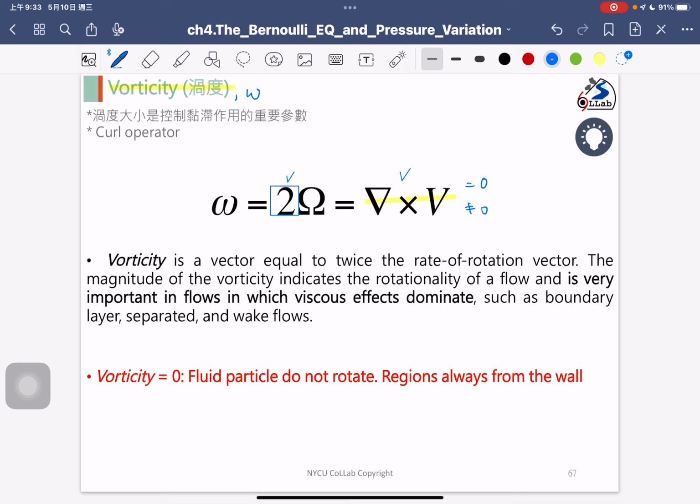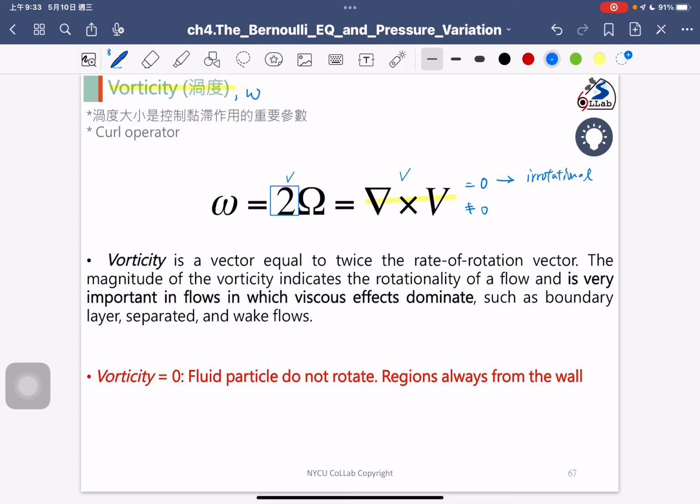If the vorticity equals 0, you can conclude the flow is irrotational flow. If not equal to 0, the flow is rotational flow.